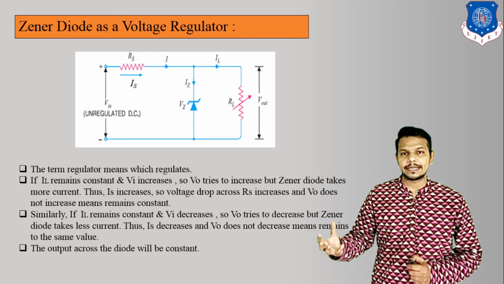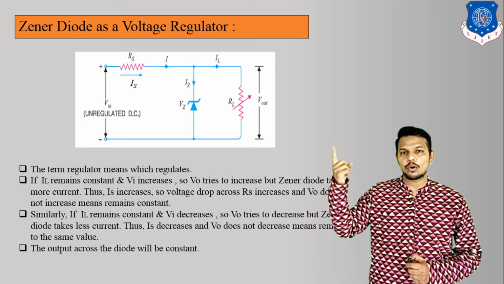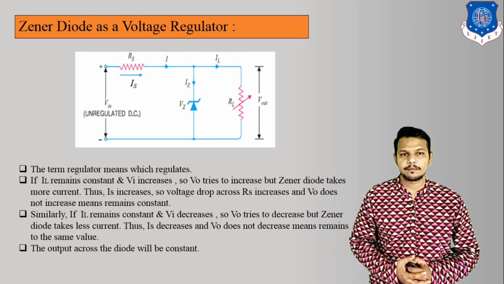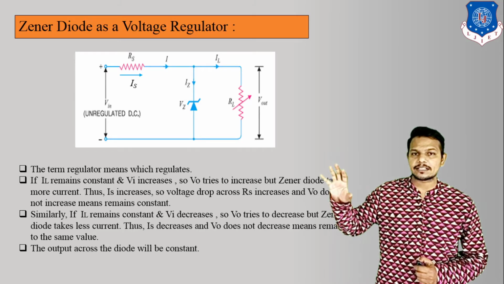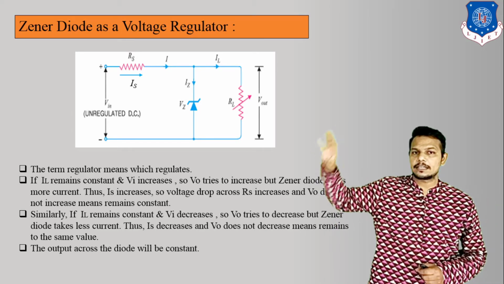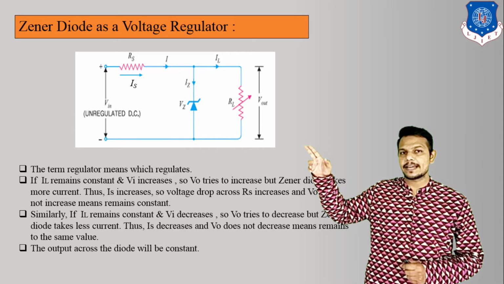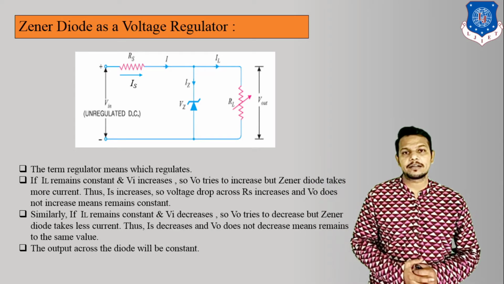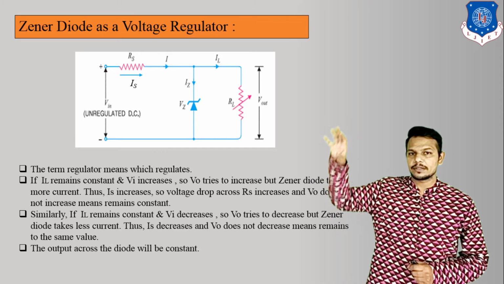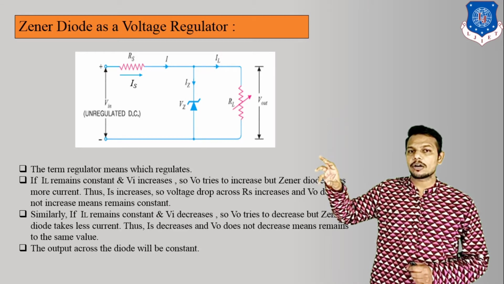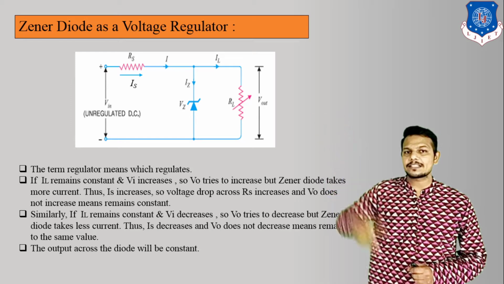But the Zener diode takes more current, thus IS increases. Here IZ indicates the Zener current. At this time it consumes more current, so IS increases.